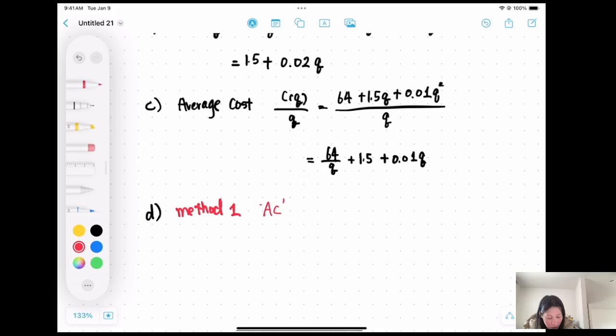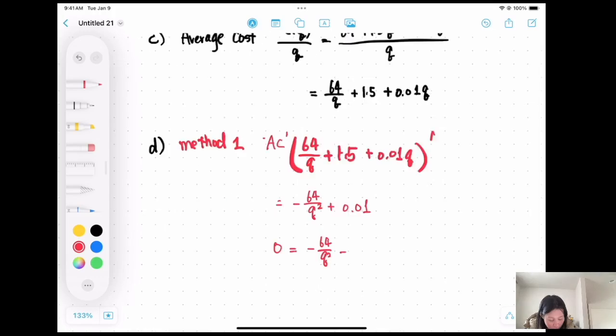This is going to equal negative 64 over q squared plus 0.01, and then you solve for q by setting it equal to 0. So 0 equals negative 64 over q squared plus 0.01, and then I get 64 over q squared equals 0.01, and then multiply q squared on both sides, and then divide by 0.01.